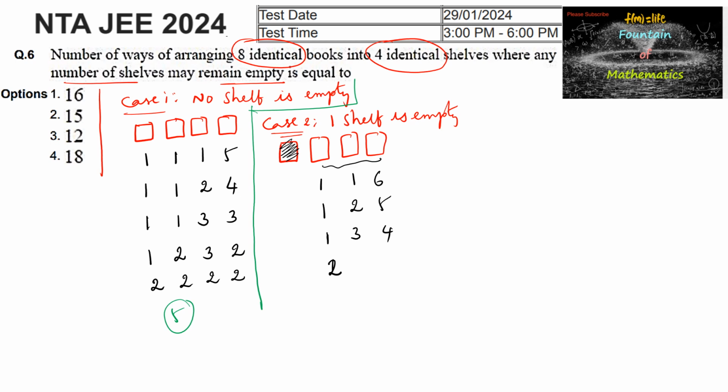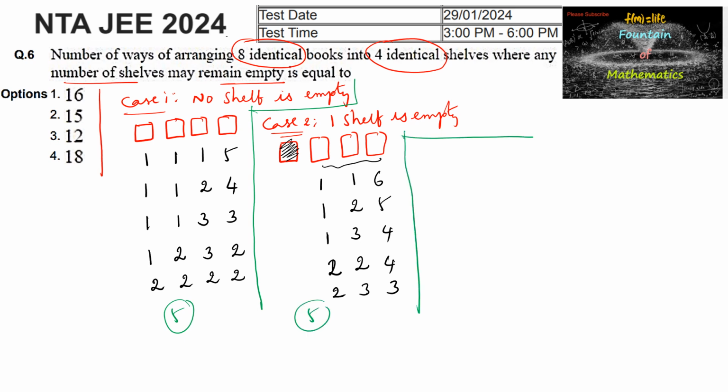And if I consider here 2, so 2 plus 2, 4, 4 plus 4, 8. And next if I take 2 and then 3, 2 plus 3, 5, and again 3. So 2, 3 and 3. That's all. If I take again 3, you will be getting the same repetition. So there are total 5 possible ways where one shelf is empty.